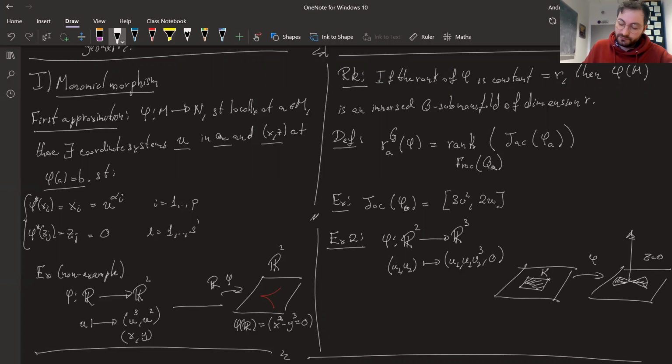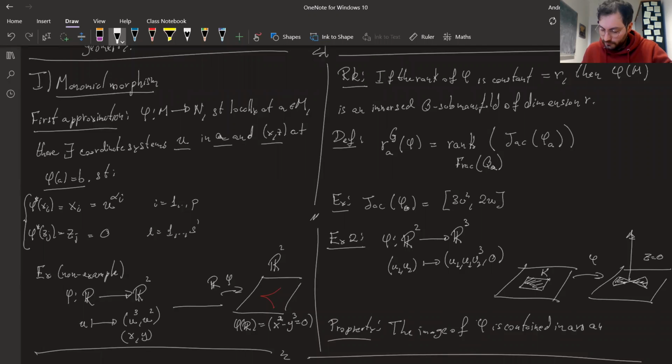So this is to highlight the property that we want: that the image of phi is contained in an analytic submanifold, quasi-analytic, sorry, a Q-submanifold.